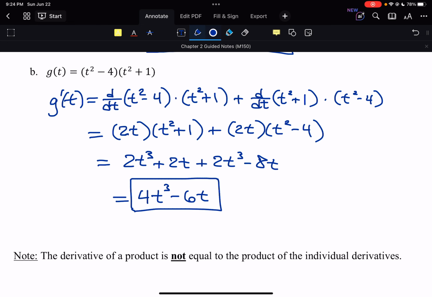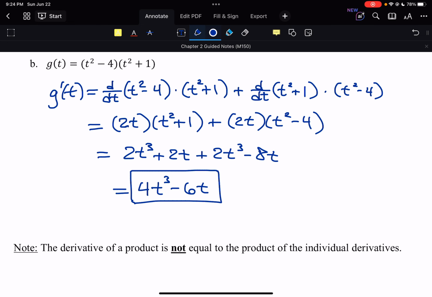Now, one thing to take note of that, again, distinguishes this product rule from things like the sum and difference formulas we talked about in the previous section. The derivative of a product is not equal to the product of the individual derivatives.